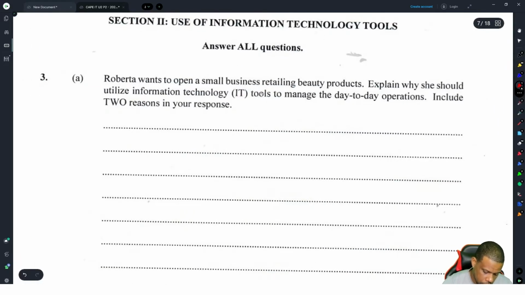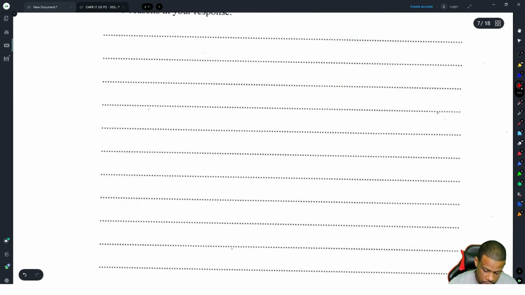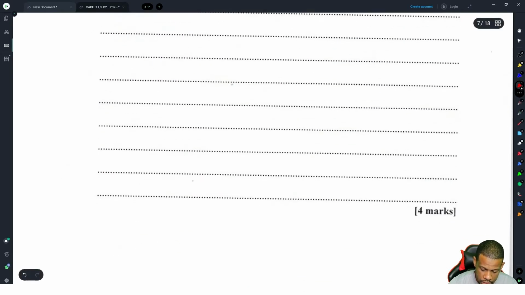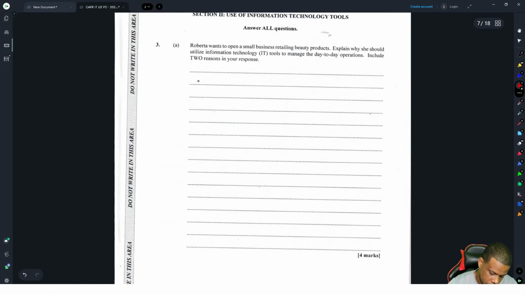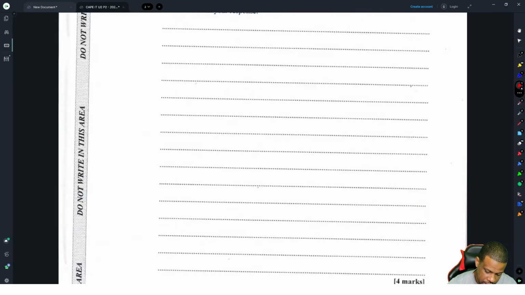Roberta wants to open a small business retailing beauty products. Explain why she should utilize information technology tools to manage her day-to-day operations and include 2 reasons in your response. OMG, how many lines? 1, 2, 3, 4, 5, 6, 7, 8, 9, 10, 11, 12, 13, 14, 15 lines?